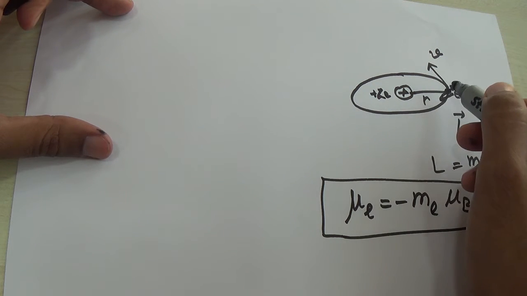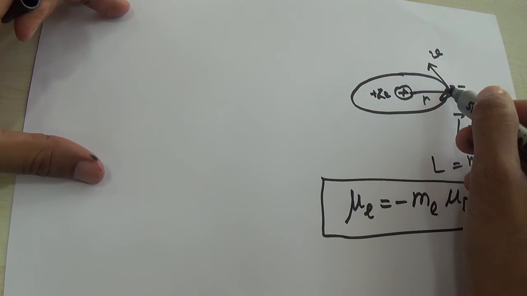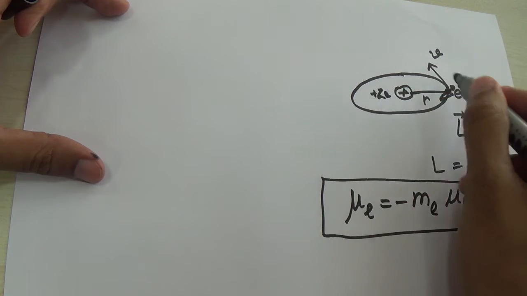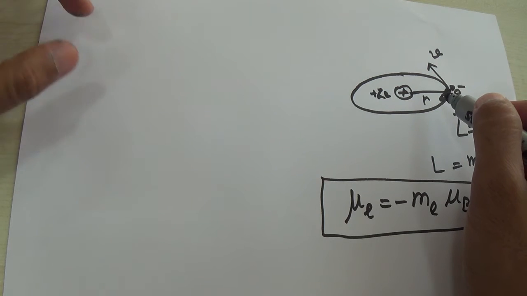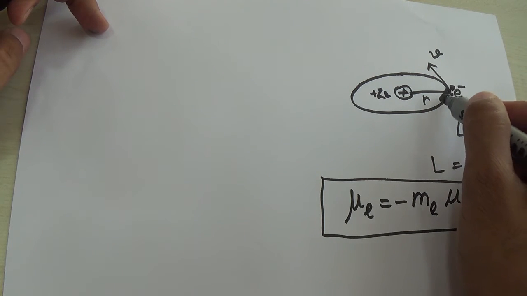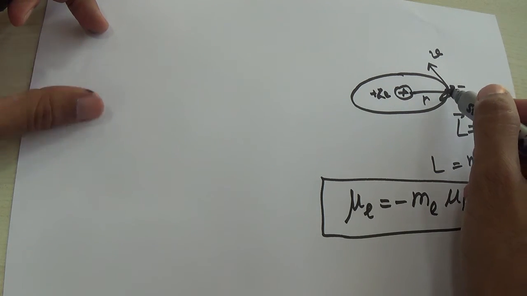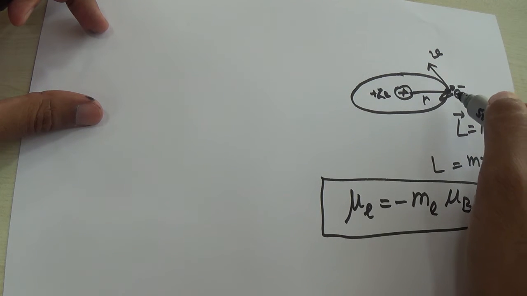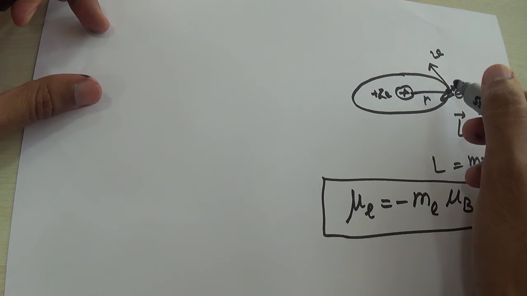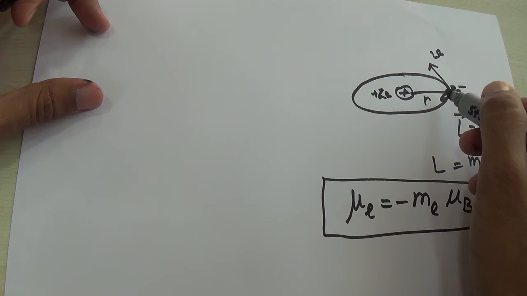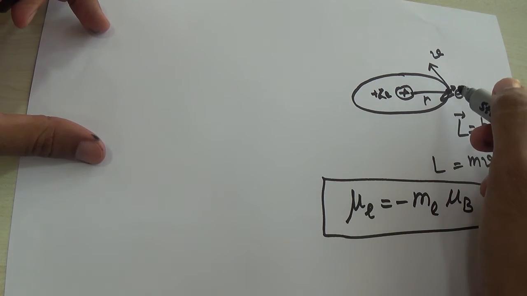Similarly, as in orbital motion, where we develop a current loop and because of that found the magnetic dipole moment, the electron spinning on its axis with spin half and spin minus half should also produce a current, and as a result there will be a magnetic moment.